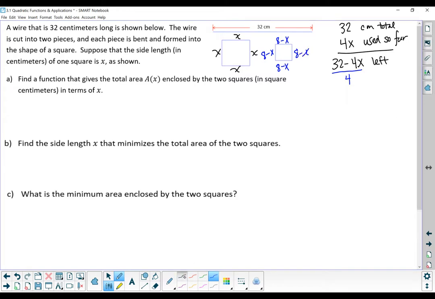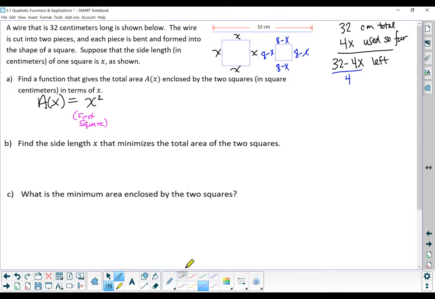Okay, so we're ready to write our area equation. So we have to add the two areas together. So for the first square, the area is a length times width, and for a square, those are both x. So x times x is x squared. So that's the first square.